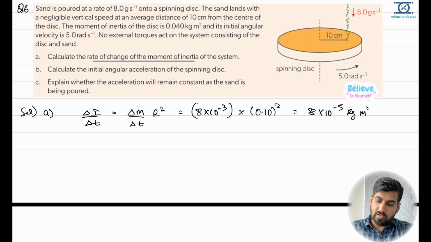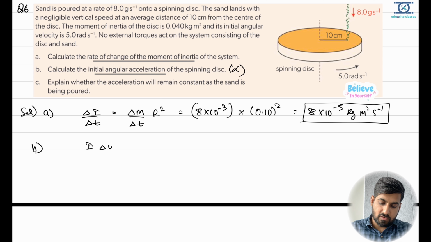Now for B, which is the angular acceleration, that is alpha. So just check, can I write like this, that I times change in omega over change in time is equal to I alpha, and here change in omega is not taking place, change in I is taking place. So I can rewrite this with delta t and omega.